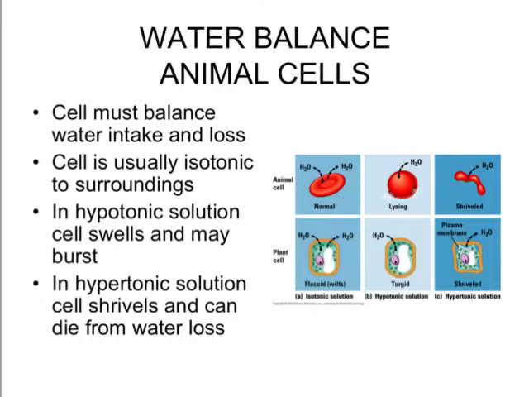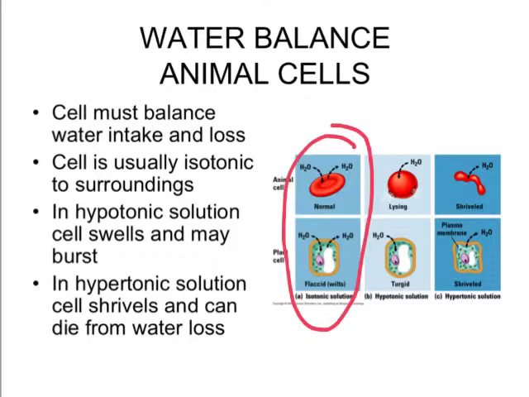So cells are usually, thankfully, in isotonic surroundings. So they've got equal concentrations outside the cell as inside the cell. So water can move in and out equally. So there's not really a net movement of water. It's going to be equal.